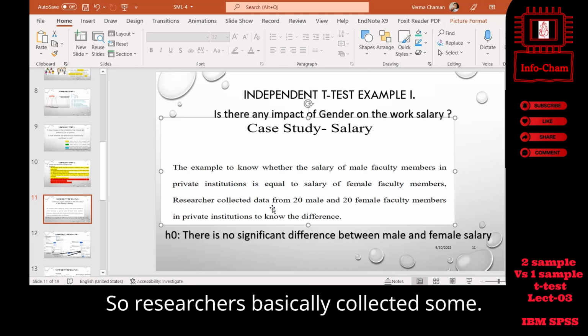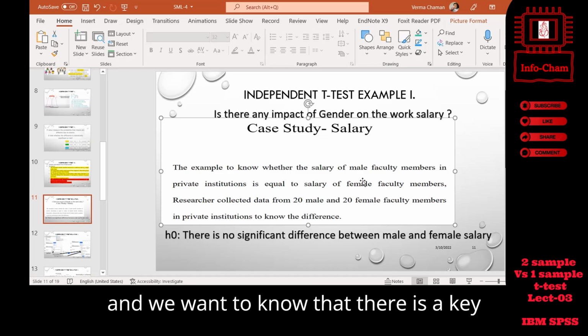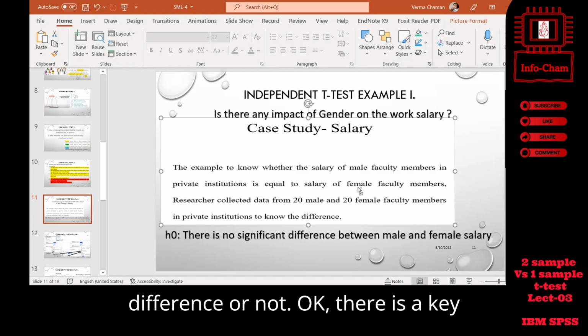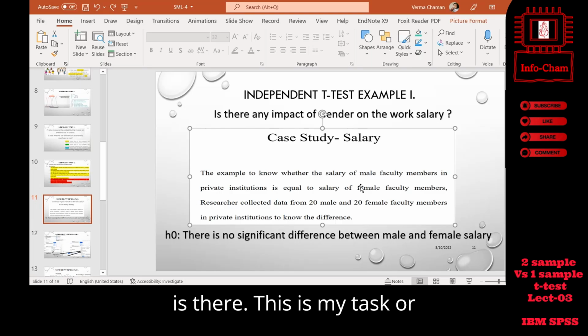Researchers collected some data, like 20 males and 20 female, and we want to know whether there is a key difference or not. Is there a key difference in the salary of male or female? This is my task or objective.